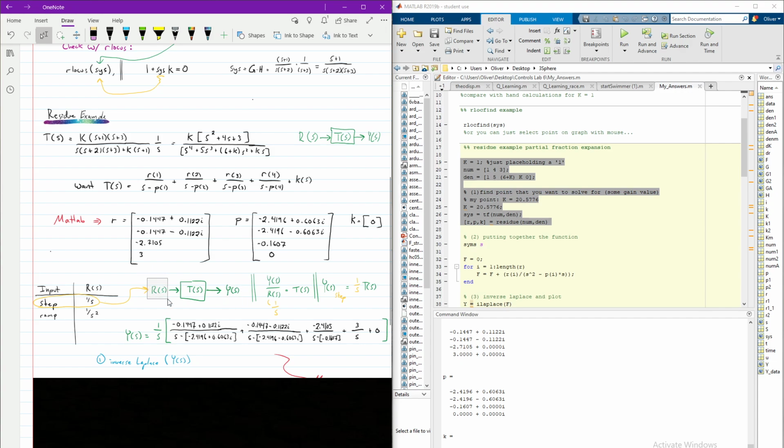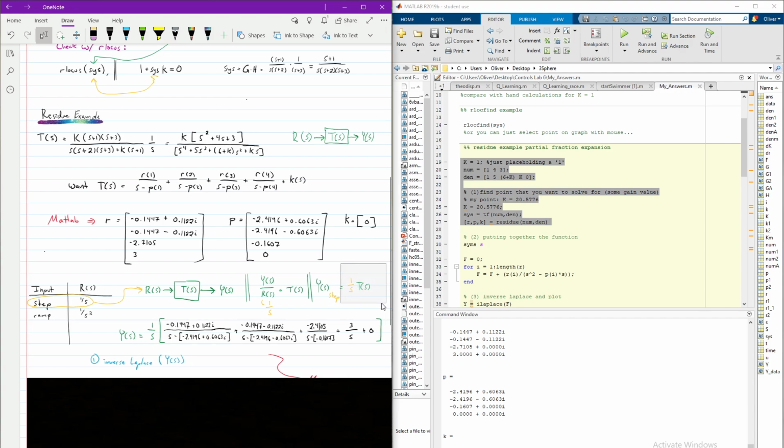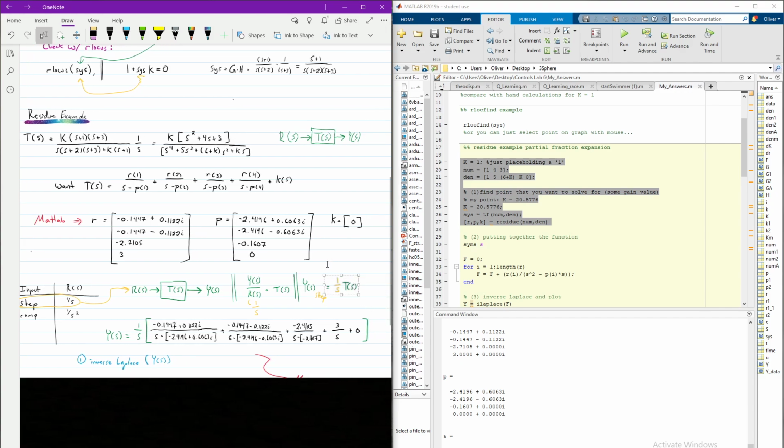So R of s is our input, that's our input torque. If we say R of s is 1 over s, that's the same as the step. We multiply across. Now we can do the inverse Laplace of this and get a response in the time domain, because we know what the system is and we know what the input is.